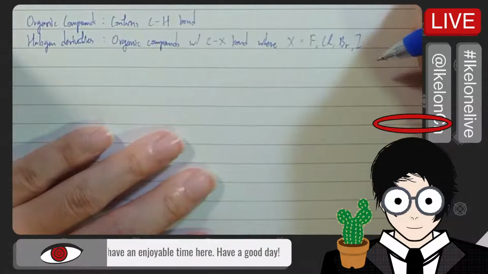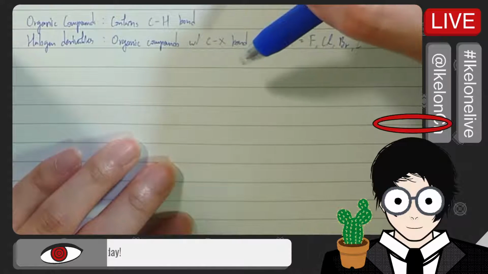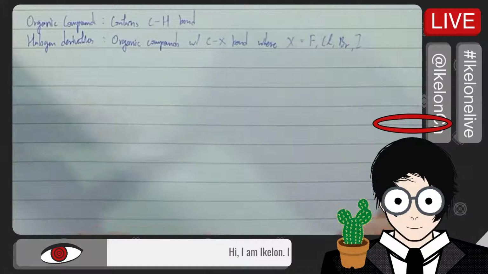So this is what an organic compound is, and this is what a halogen derivative is.